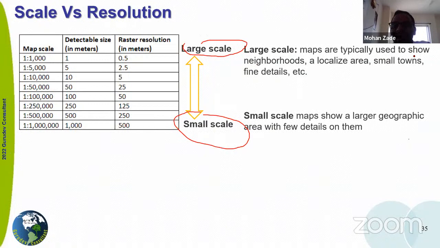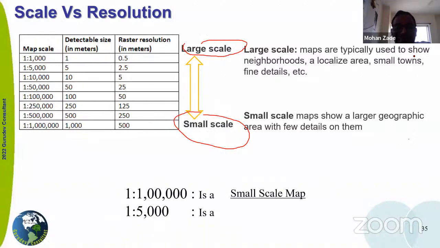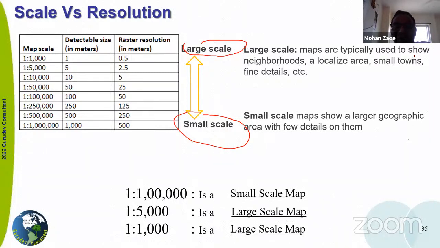A small scale always has broader details. It is not really exactly small, but very large areas. So 1:1 lakh is a small scale map. 1:5,000 is a large scale map, and 1:1000 is a very large scale map. So this is how small and large scales work in GIS. And this is just one thumb rule: if a 1:1000 mapping scale is required, then you must have a resolution of 0.5 meter and so on.